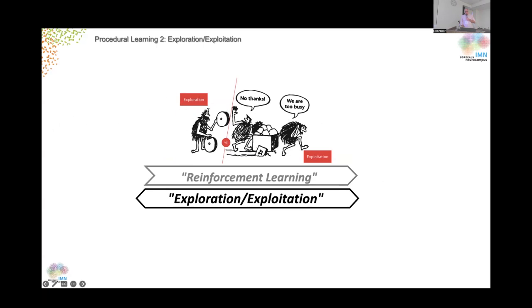It's a trade-off between what you get by exploitation behavior and what you can get further with exploration behavior. What is important here is you can switch from one behavior to the other. So it's another framework, but it basically shares the same characteristics as reinforcement learning.